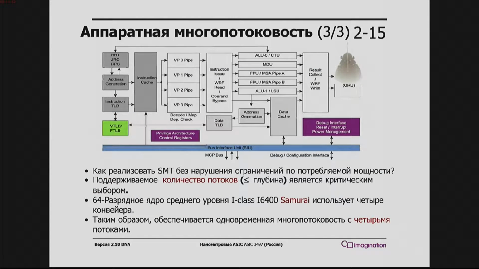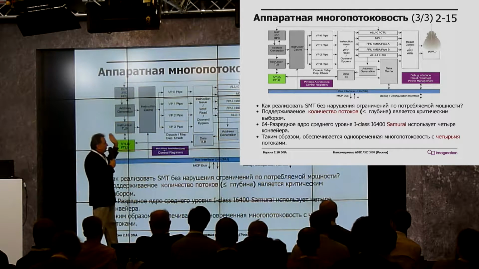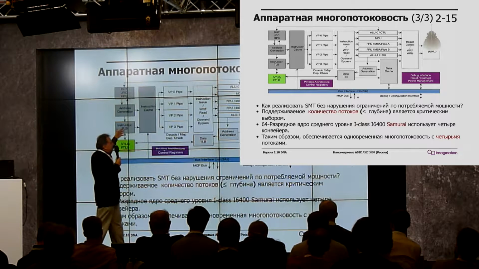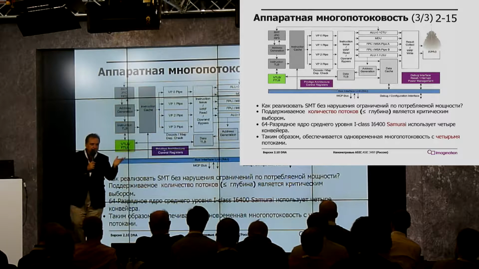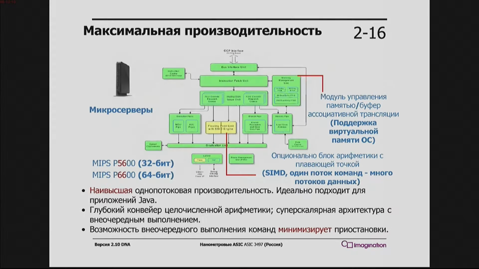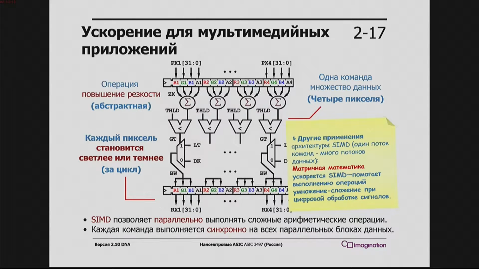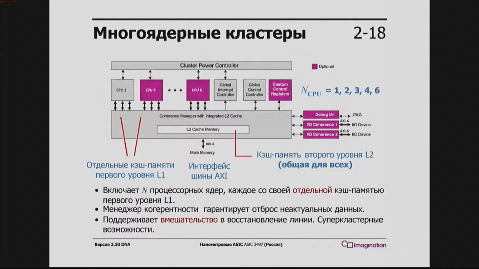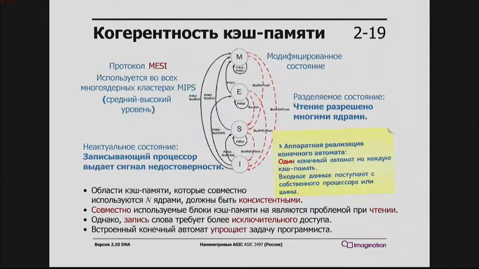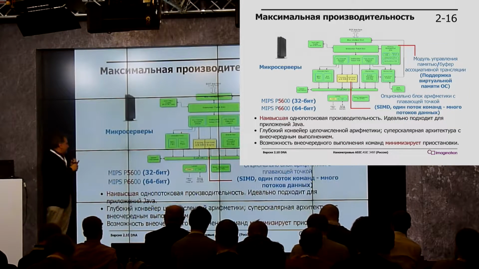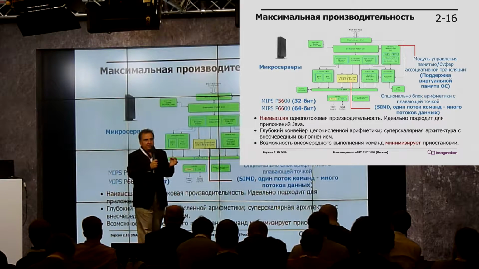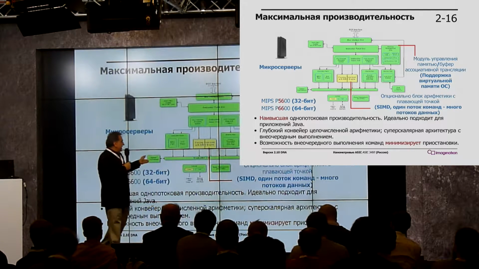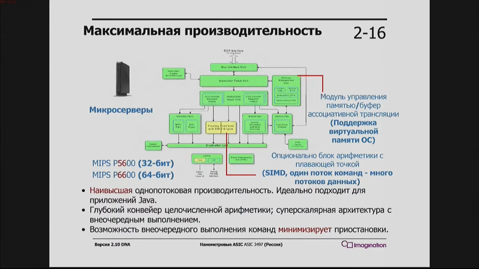So now, the processor I6500 and the previous version is a super processor with multi-threading and several conveyors. And finally, there are processors MIPS I5600 that are used as a core in the Russian Baikal processor.